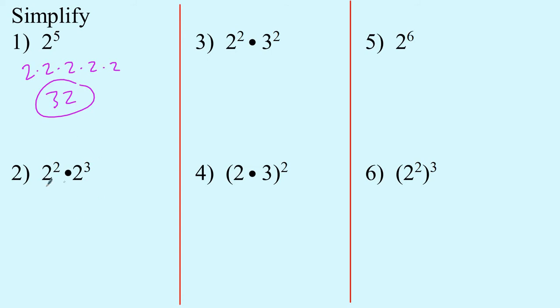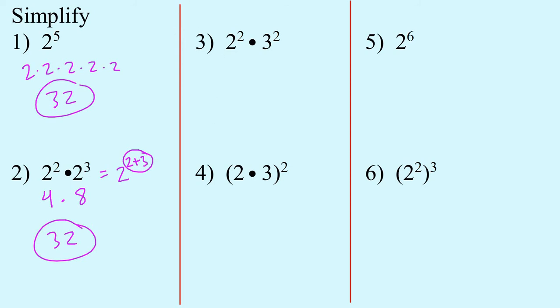Well, look at problem number 2. 2 squared, that's 4. 2 cubed, that's 8. 4 times 8 is 32. So what's the lesson here? What did I do? I did 2 to the 2 plus 3. That's the property I learned from just playing around with 2 and some exponents.